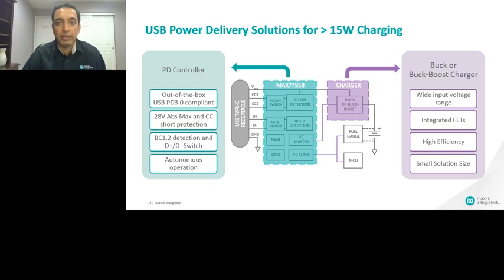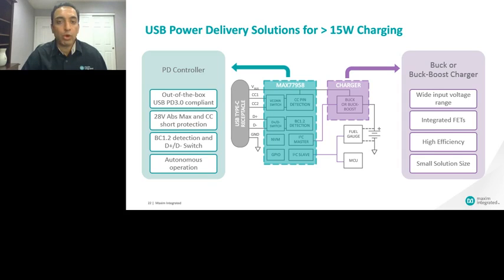It offers a very high input voltage absolute maximum rating. It also provides a lot of protection, including shorting protection on the CC lines, as well as other advanced features such as moisture detection. It also offers the legacy detection for BC 1.2, and also a D plus D minus switch.